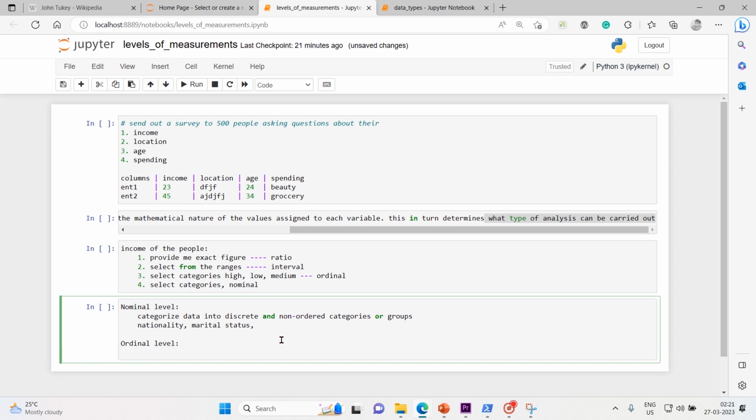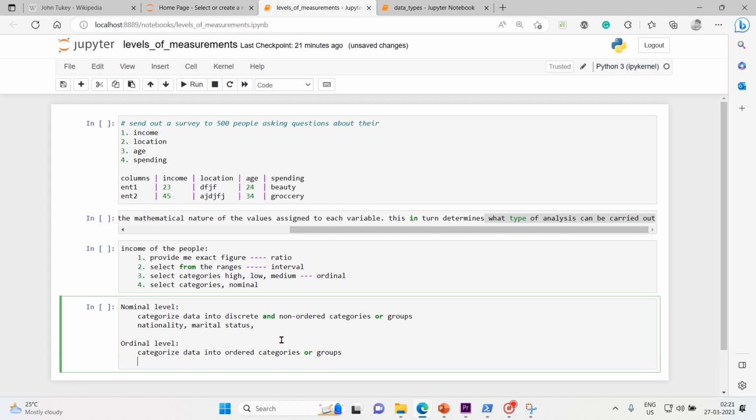This level of measurement is used to categorize data into ordered categories or groups, where the relative position or rank of each category is meaningful.